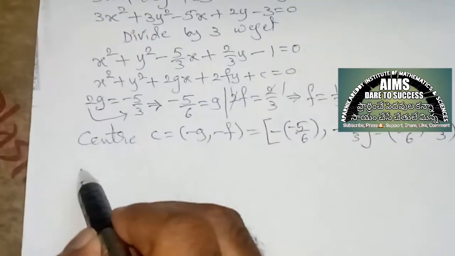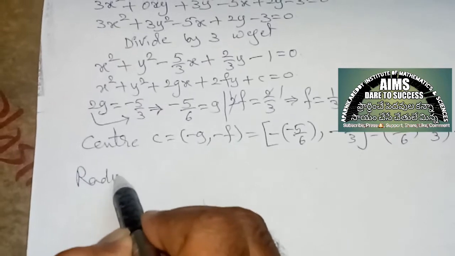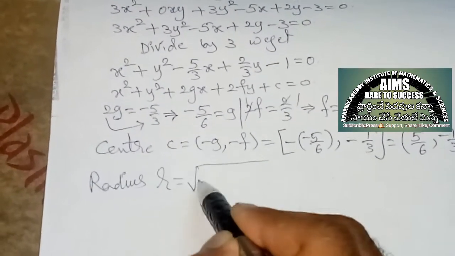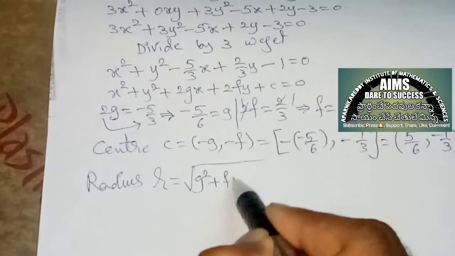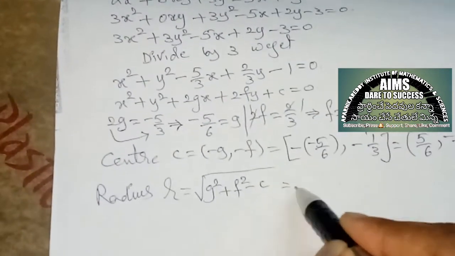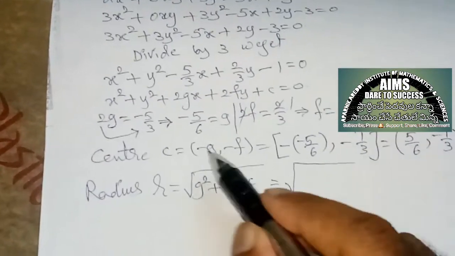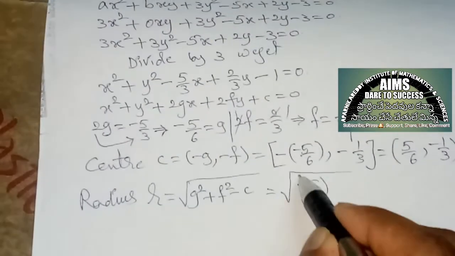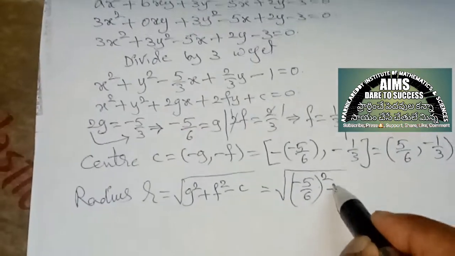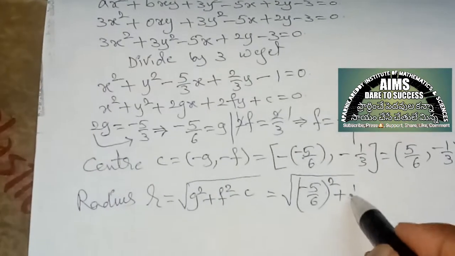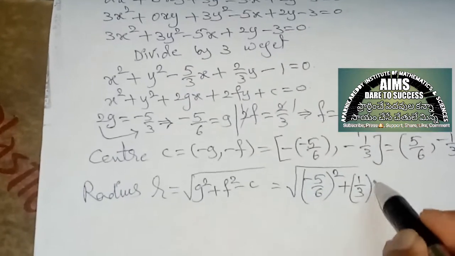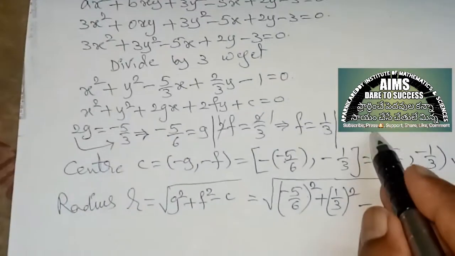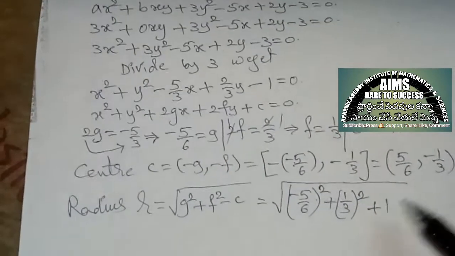And last one, we want to find the radius. The radius formula: r is equal to under root of g square plus f square minus c, equal to under root of g value minus 5 by 6 whole square, plus f value 1 by 3 whole square, minus c value minus 1, that is minus of minus, plus 1.